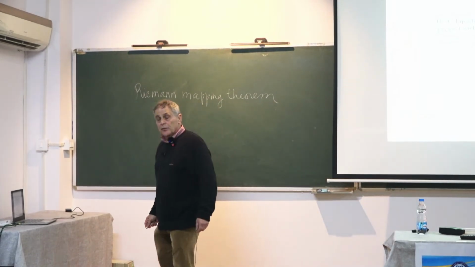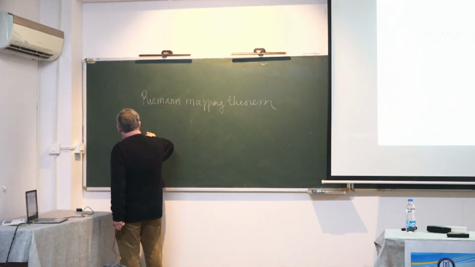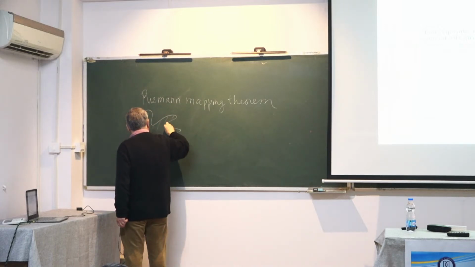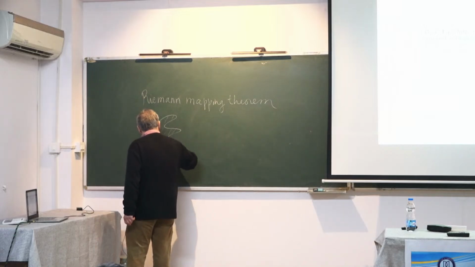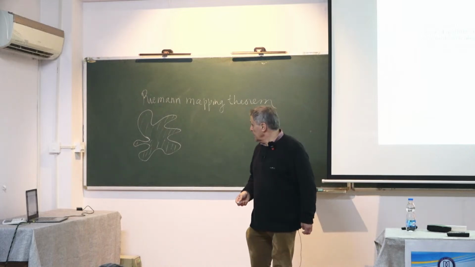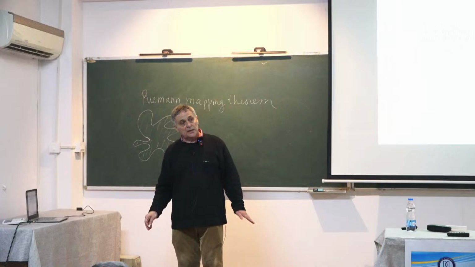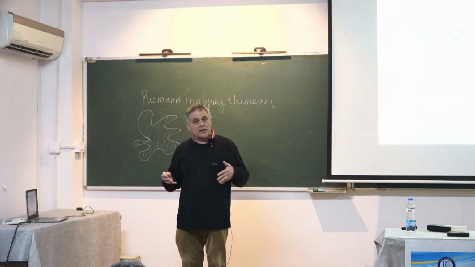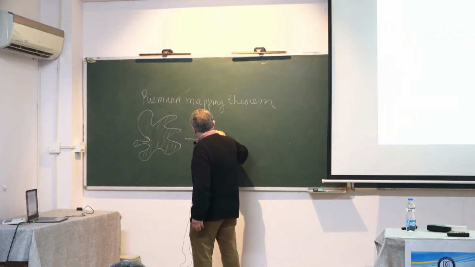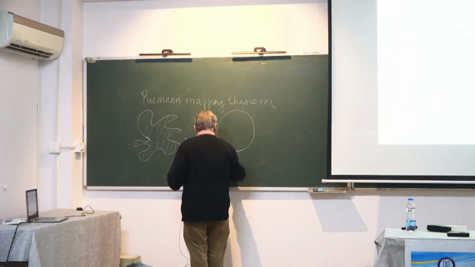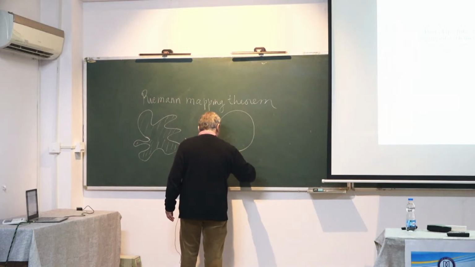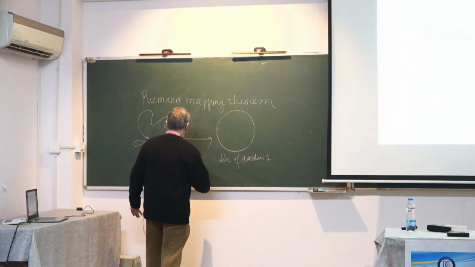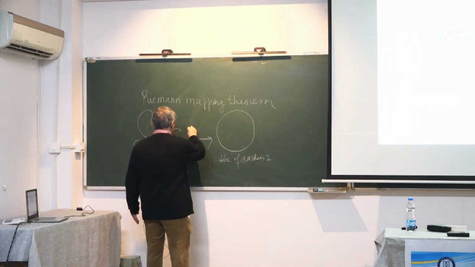The Riemann mapping theorem tells you the following: if you have any simply connected subset of the complex plane which is not the whole complex plane, then you can send it by a holomorphic, or angle-preserving, map to the round disk, the disk of radius 1.